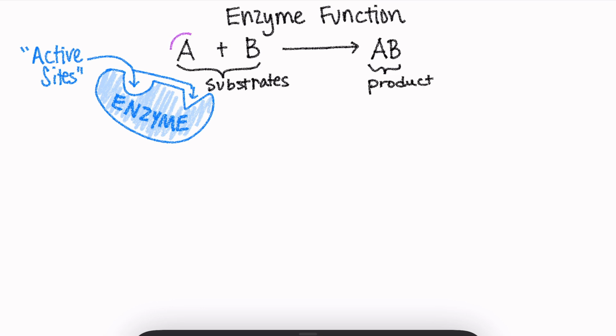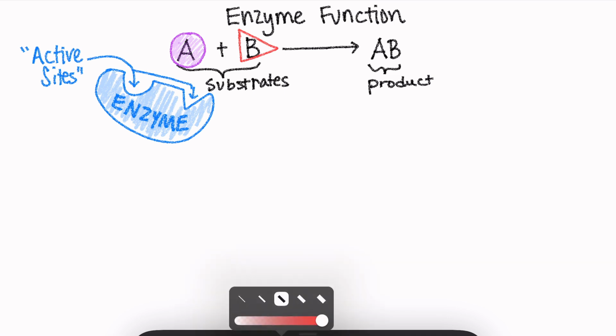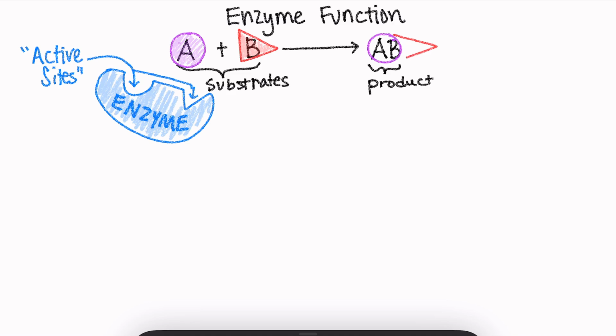Let's represent molecule A with a purple circle and molecule B, we could just make like a red triangle. So these are two different molecules, and they are going to be brought together to form a new product. Maybe the new product will look something like this.